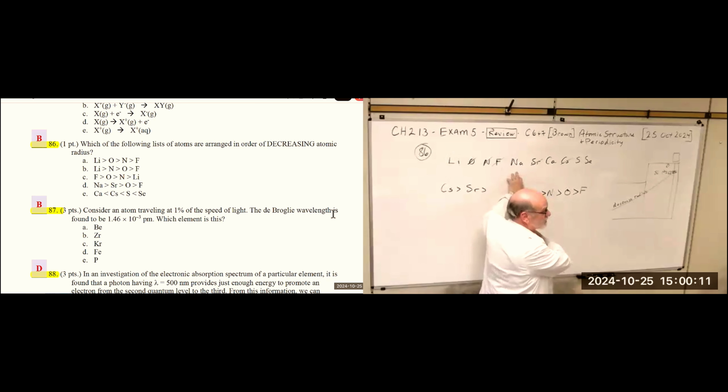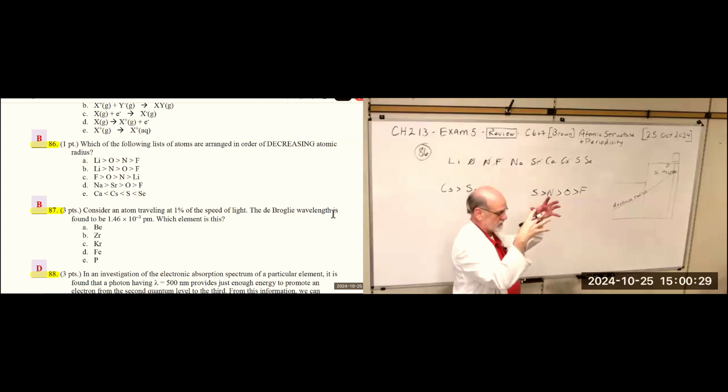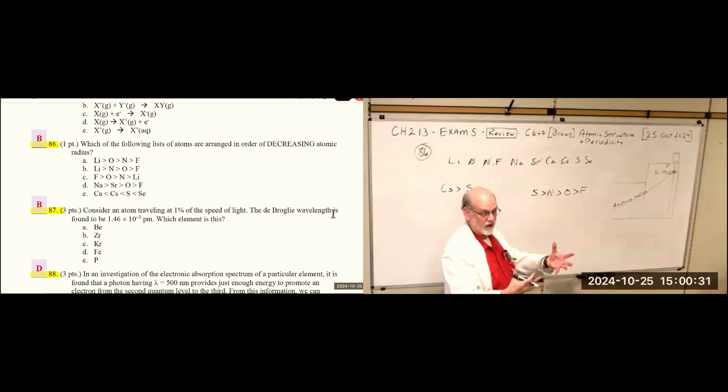Okay. Sulfur is below oxygen and nitrogen. We don't have lithium, beryllium, boron, or carbon in there. So we got to come down one. So sulfur would be next because now we're adding another period, another layer.